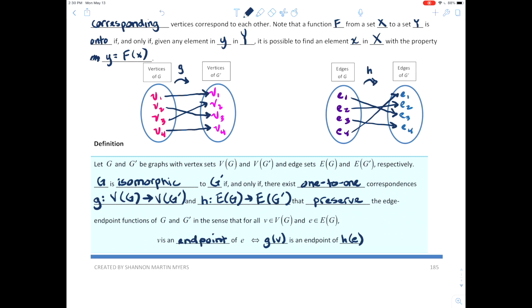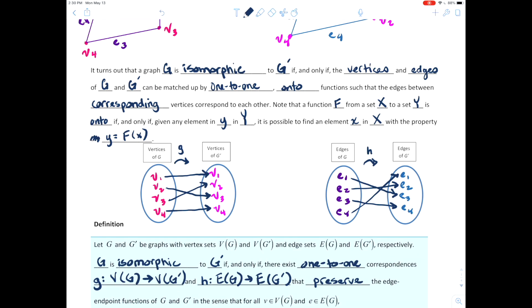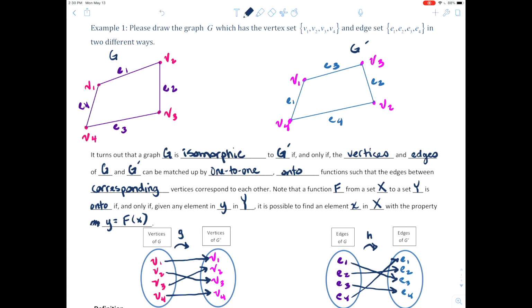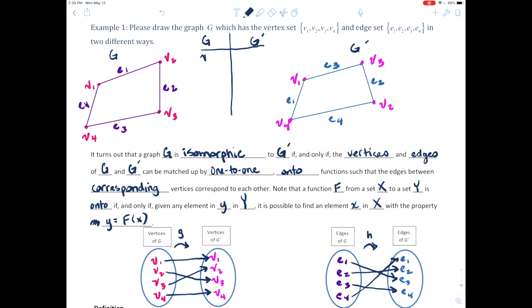Okay, so basically, what do we have going on with these two graphs? If you look at what edges are between which vertices, do you see that if we made a chart of G and G prime, and we looked at, in G we had V1, E1, V2. In G prime, what did we have?